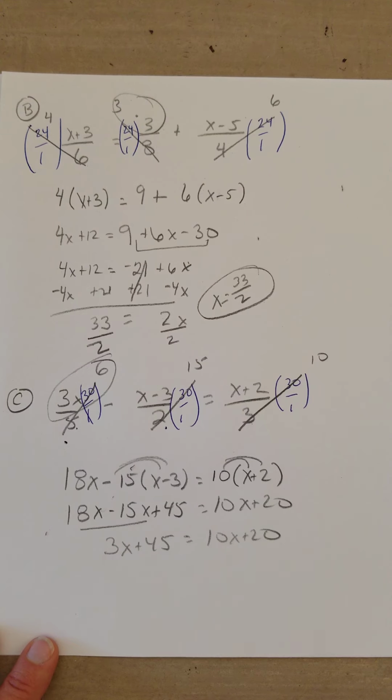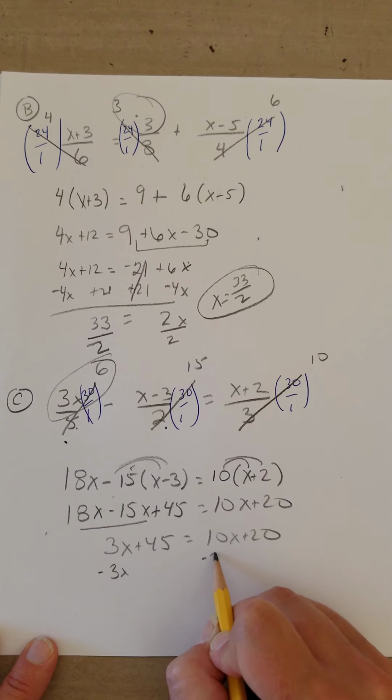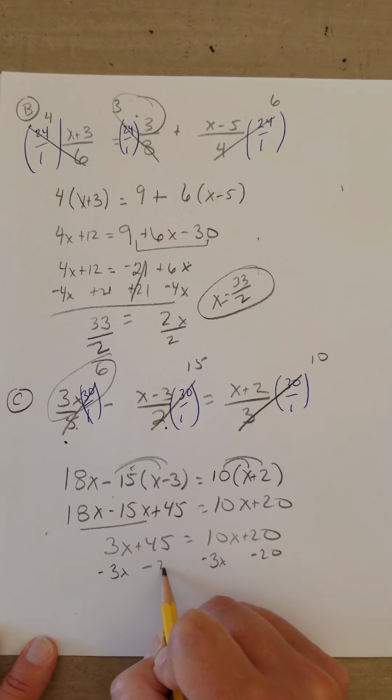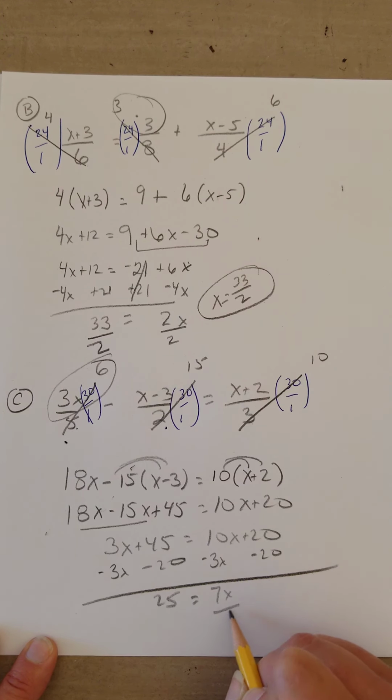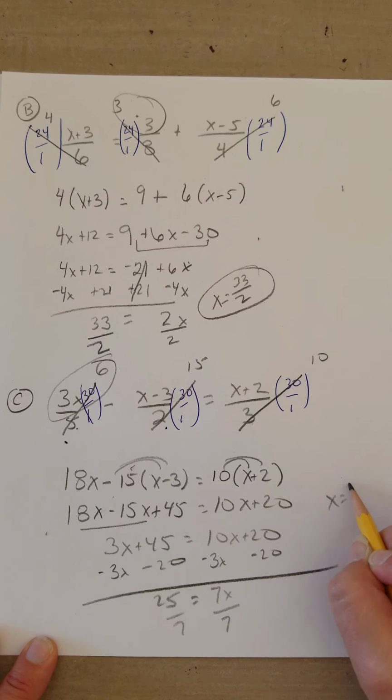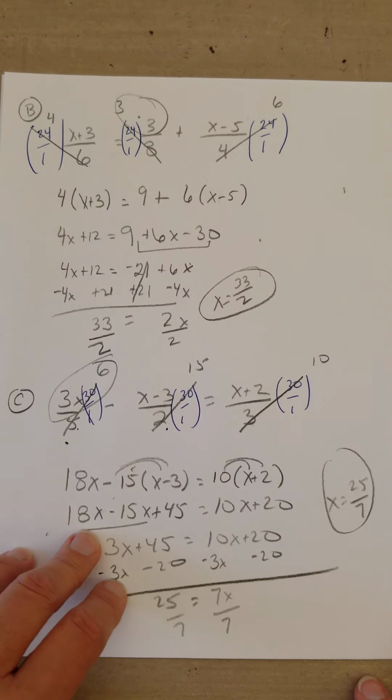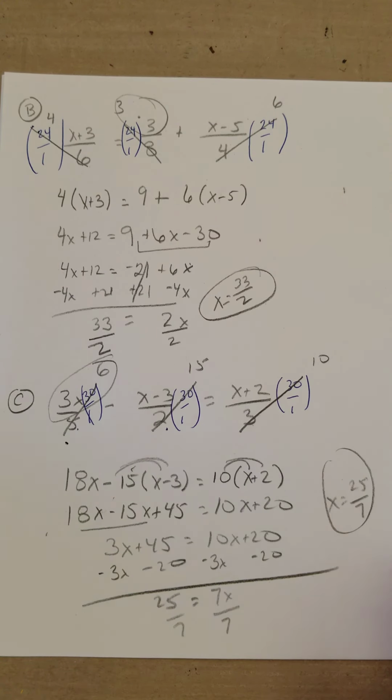And then the next thing I'm going to do is I'm going to subtract 3x here, subtract 20. This is going to be 25 equals 7x. Divide by 7, x equals 25 sevenths. Okay, and I'm looking at my answer and it's right. All right, so that was just the extra one for that.